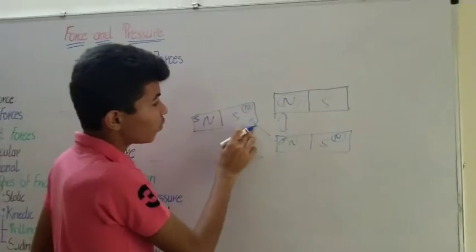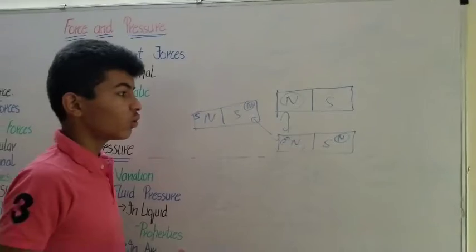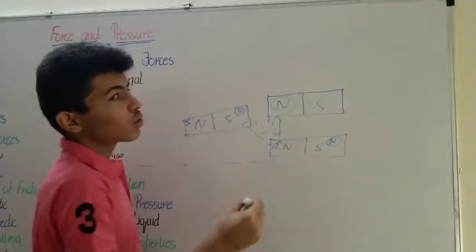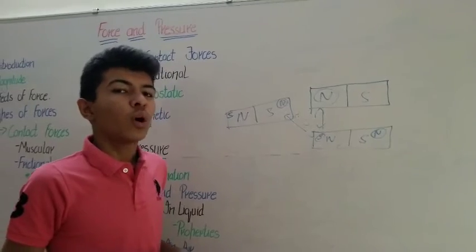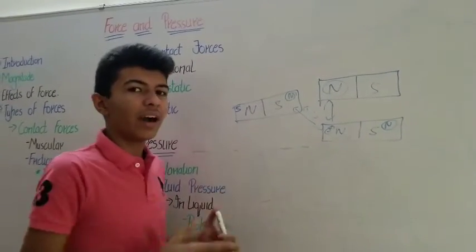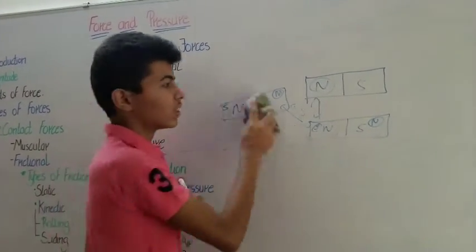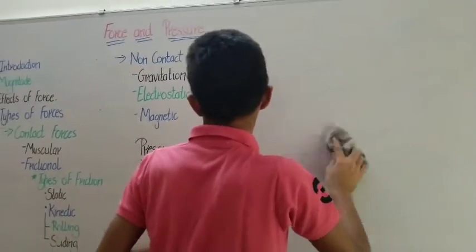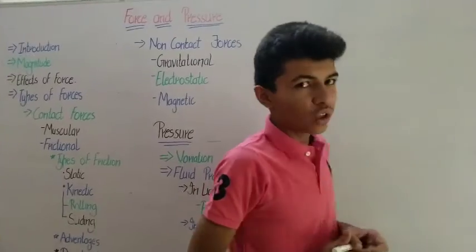So now these both started attracting each other, but according to our hypothesis, this was north and this was south, they should repel each other. So this is not our case. So now we can see why north and north repel each other and south and south repel, but north and south attract each other. So this was the first topic.